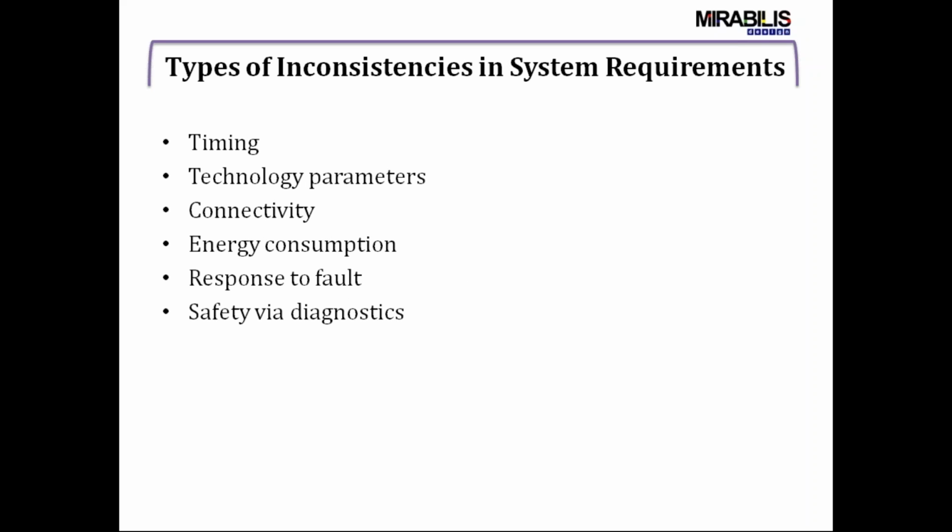So if you look at the types of inconsistencies that we can think of in terms of system requirements, we can classify them into 6 parts. One is timing related. You don't really know how much time a particular memory defined in a specification is going to take.